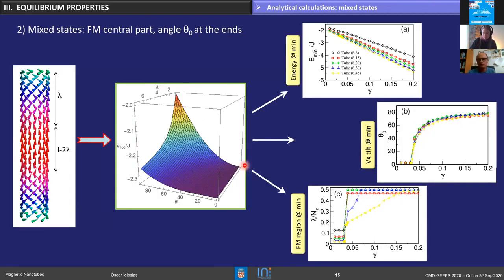Here, I don't have time to go into how this description of vortex states can be done. It's just a minimization process based on numerics, and it allows you to predict the region in which you would find this metastability of helical states for any tube length and radius.